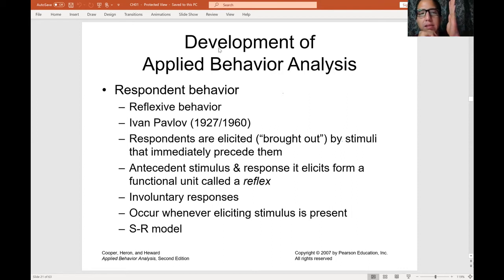So we have the antecedent stimuli, in his case, the sound of a bell, and the response that it elicited was salivation. And these two, stimulus, response, this unit is called a reflex, right? And they are mostly, like I said, involuntary responses. They occur whenever the eliciting stimulus is present, the SR model.